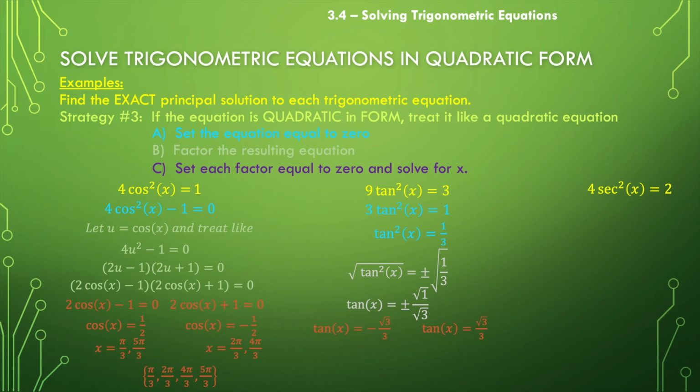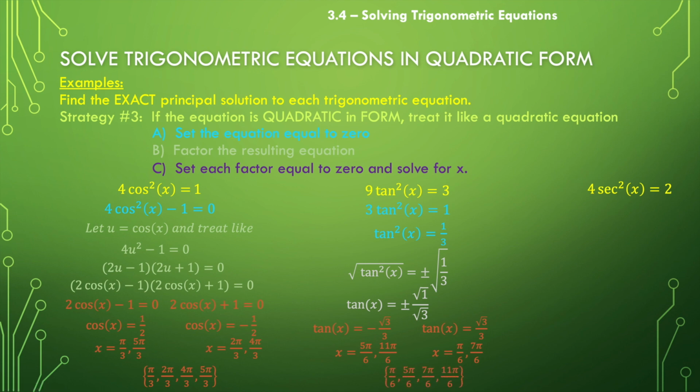And so we would end up with a positive tangent in the first and the third quadrant, so pi over 6 and 7 pi over 6, and a negative tangent in the second and fourth quadrant of 5 pi over 6 and 11 pi over 6. All right, and so that would give us our solution set.